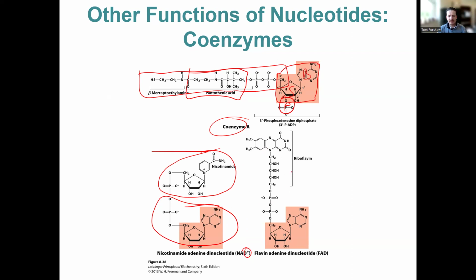Or for instance, FAD, same thing. It's a nucleotide with a little bit attached to it. Riboflavin is a B vitamin again. B3 maybe, or B2. I forget, B2 or B3, I believe. One of those is niacin. I think niacin is B3, so maybe riboflavin is B2. I don't know, maybe you can tell me.